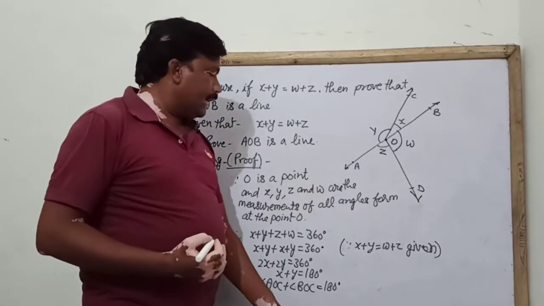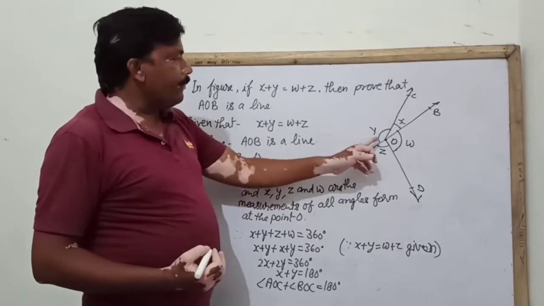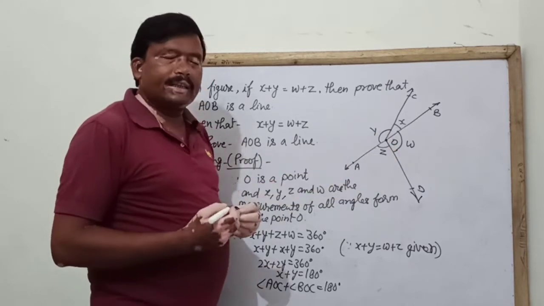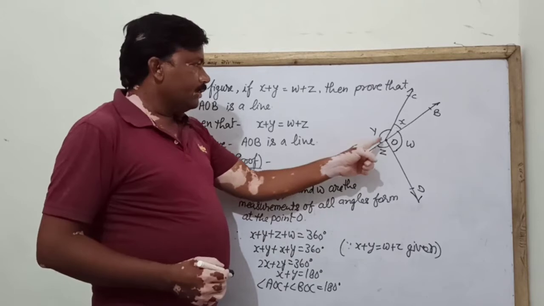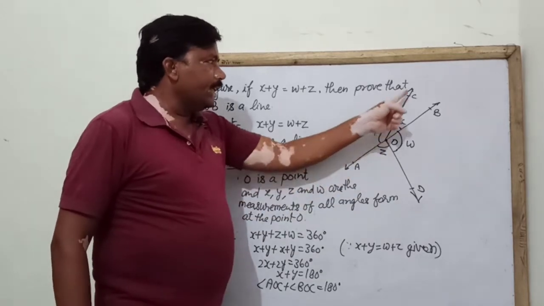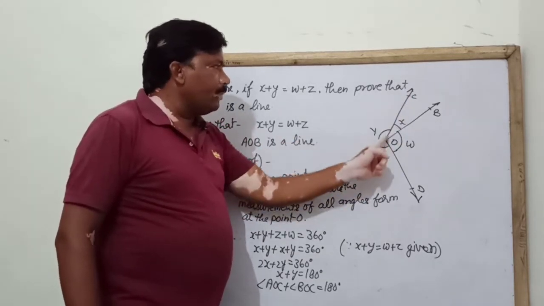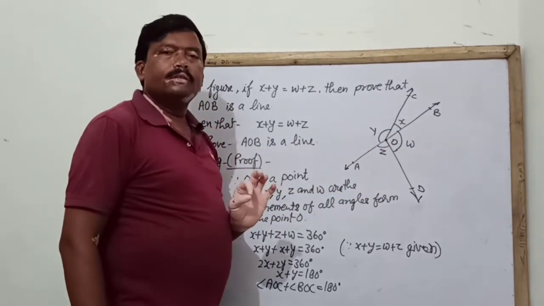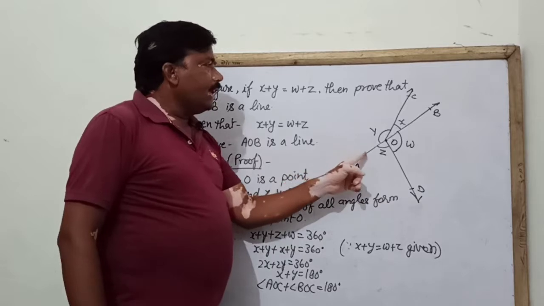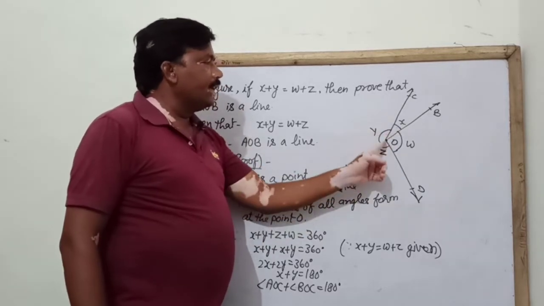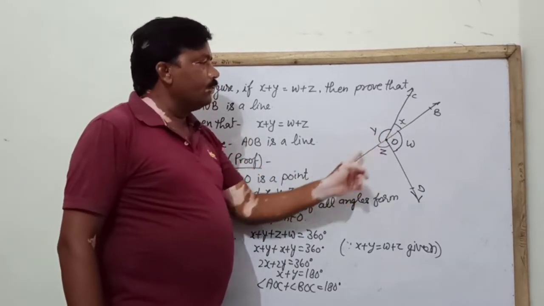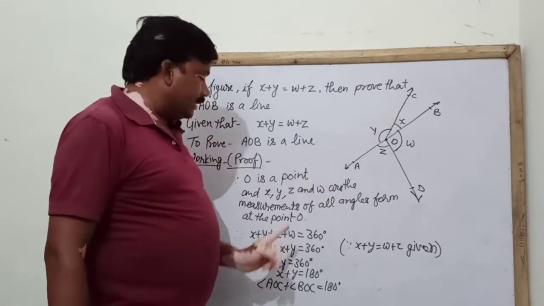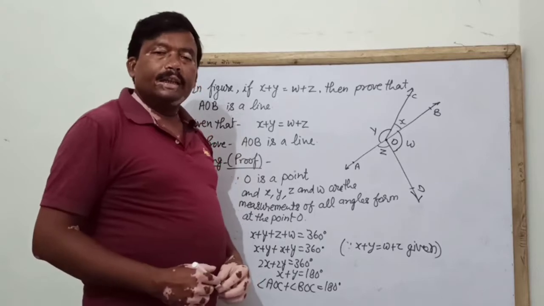And these 2 angles are adjacent angles, where the common arm of the angles is OC, and the other 2 uncommon arms of the angles are OA and OB. The sum of 2 adjacent angles is equal to 180 degree.